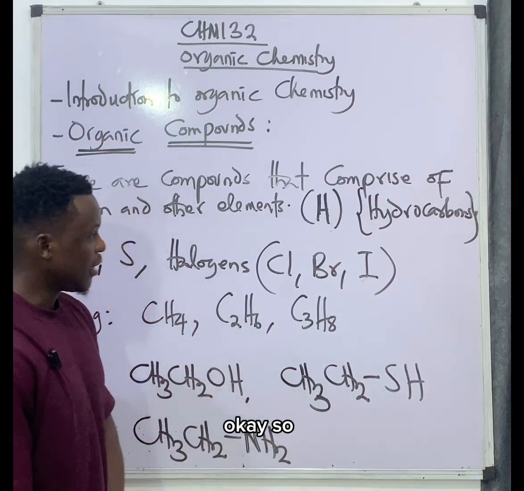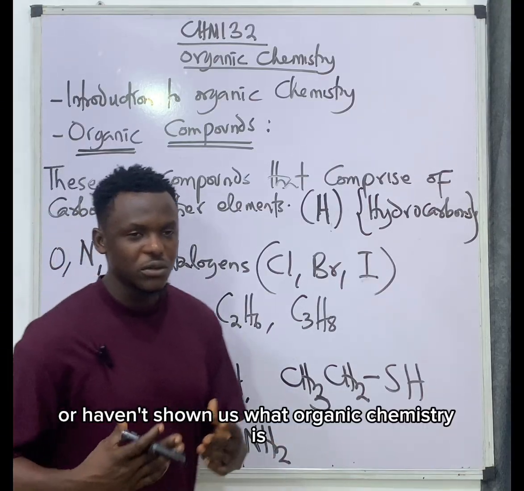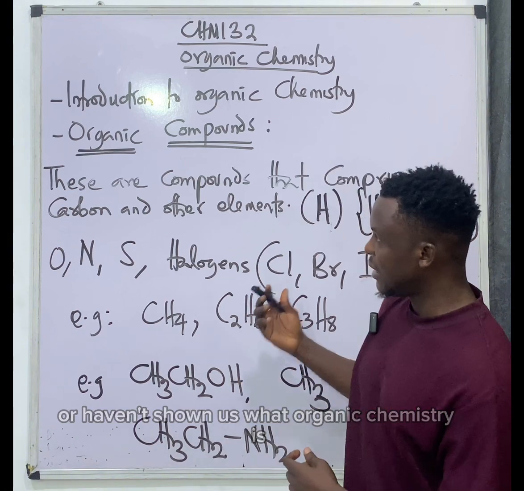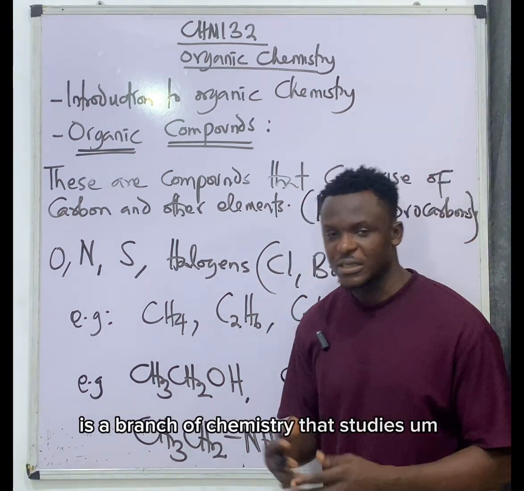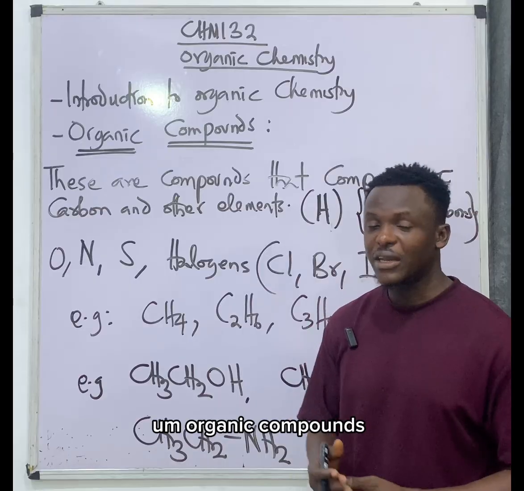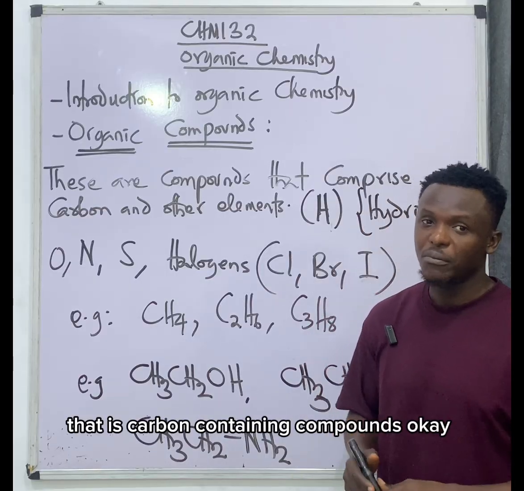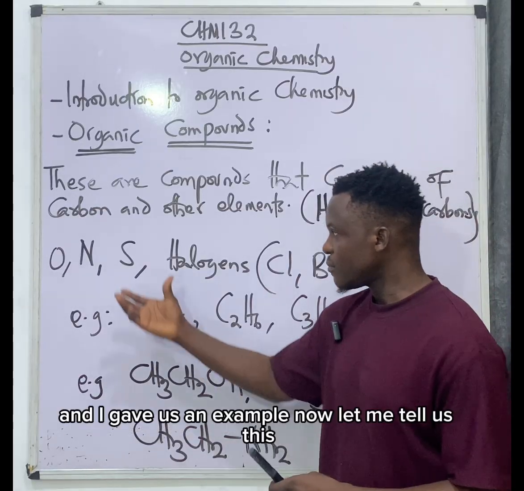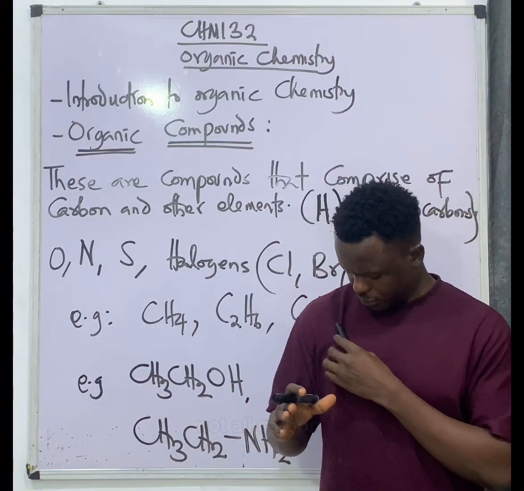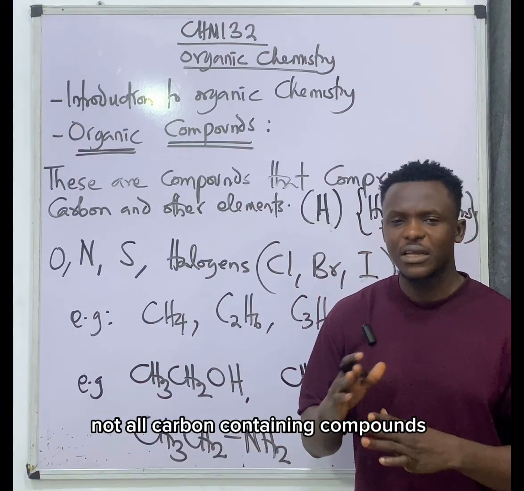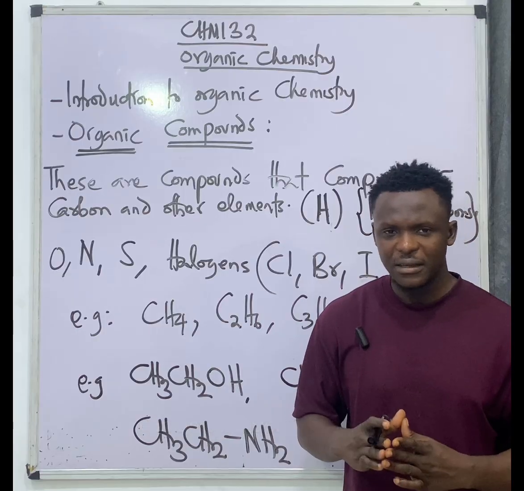Right? Okay. So having introduced what organic chemistry is, we said organic chemistry is a branch of chemistry that studies organic compounds, that is carbon-containing compounds. Okay, and I gave us an example. Now let me tell us this. Not all carbon-containing compounds can be considered organic.